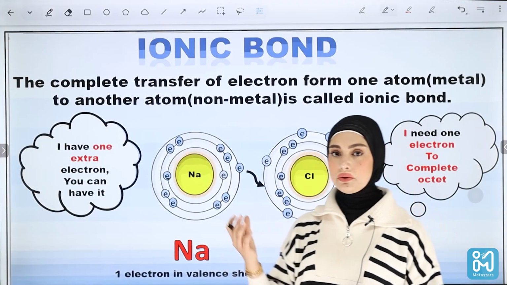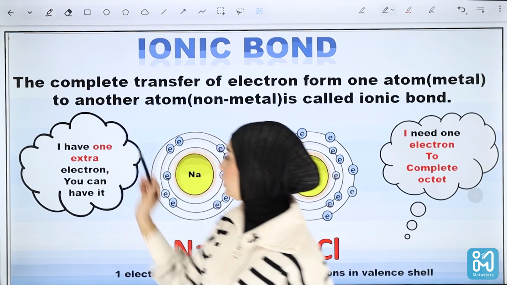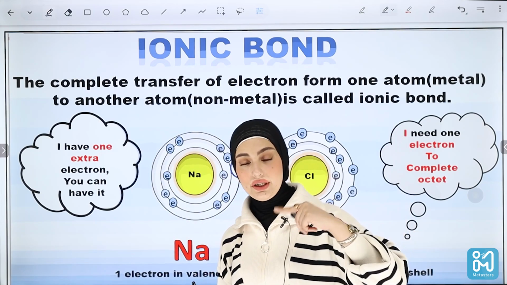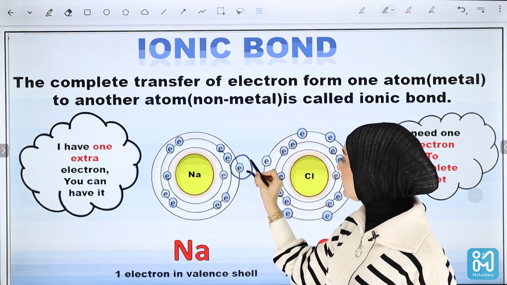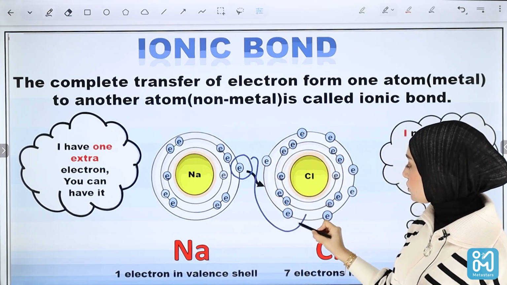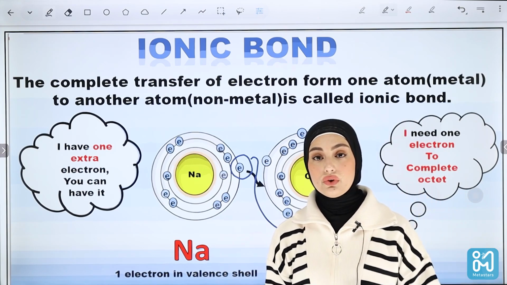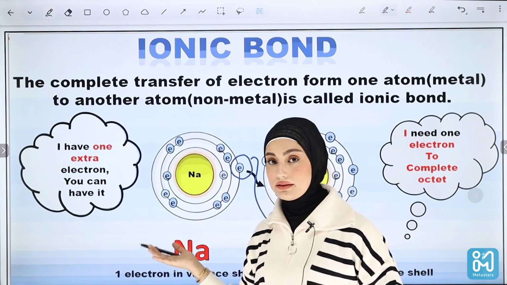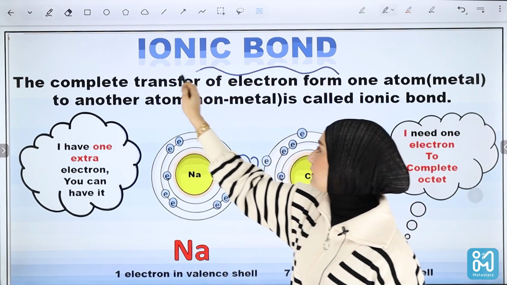Now, if you look at sodium and chlorine, sodium wants to lose 1 electron in order to be stable, and chlorine wants to gain 1 electron. So this electron will transfer from sodium to chlorine. The complete, full transfer of electrons from one atom to another, we call the ionic bond.